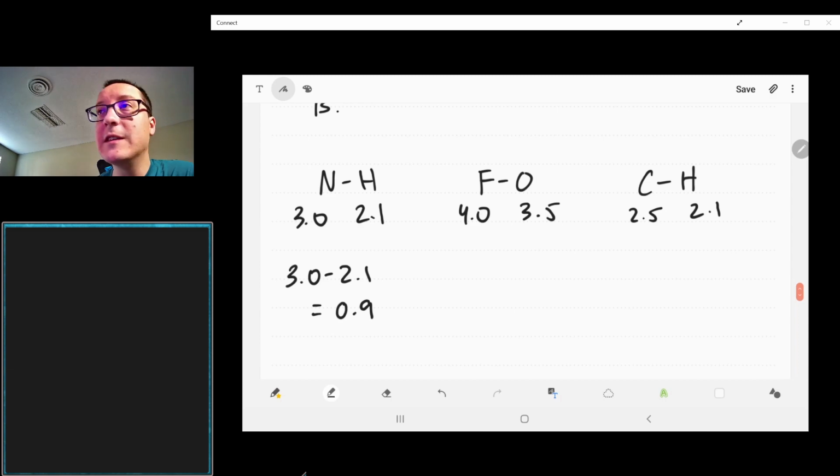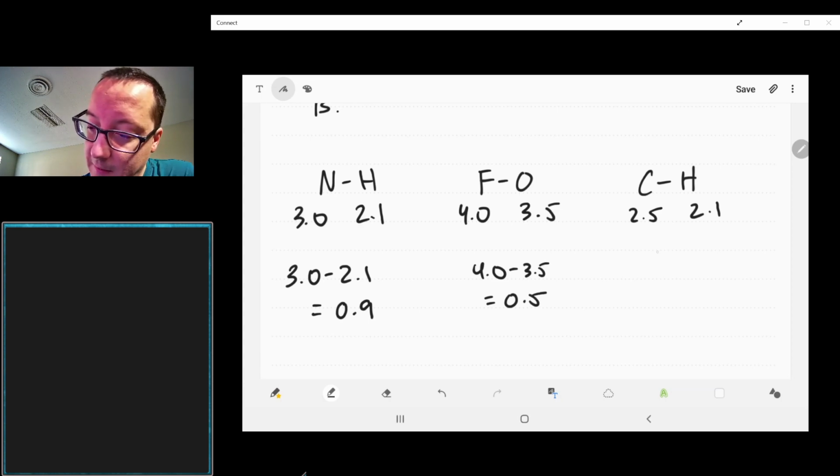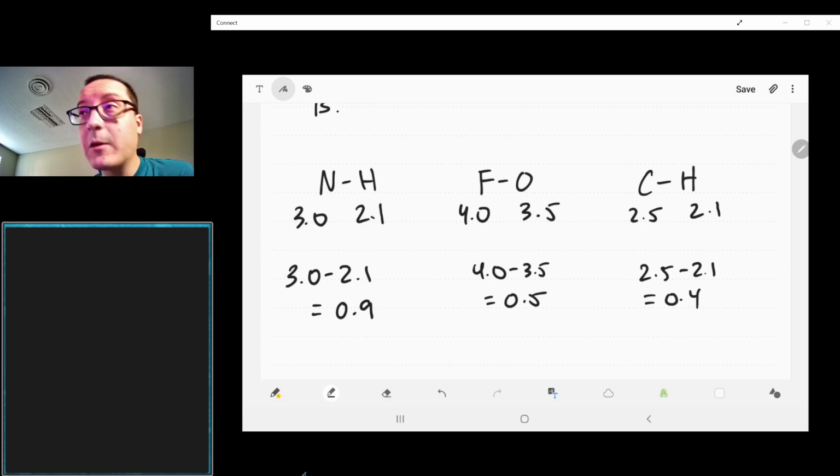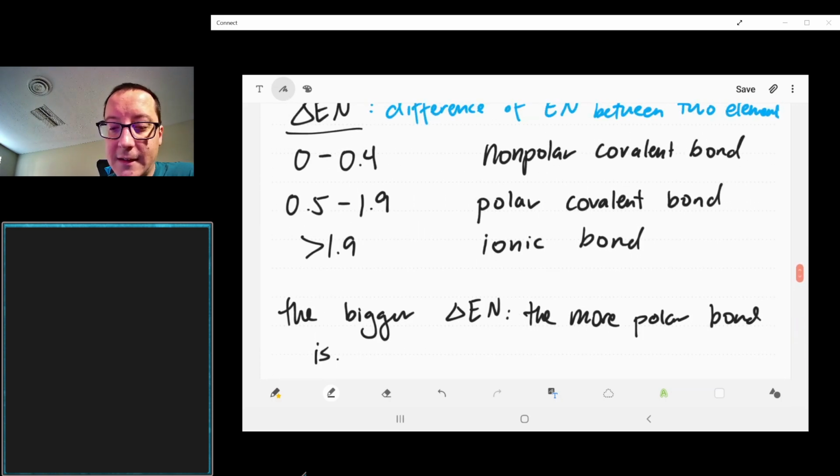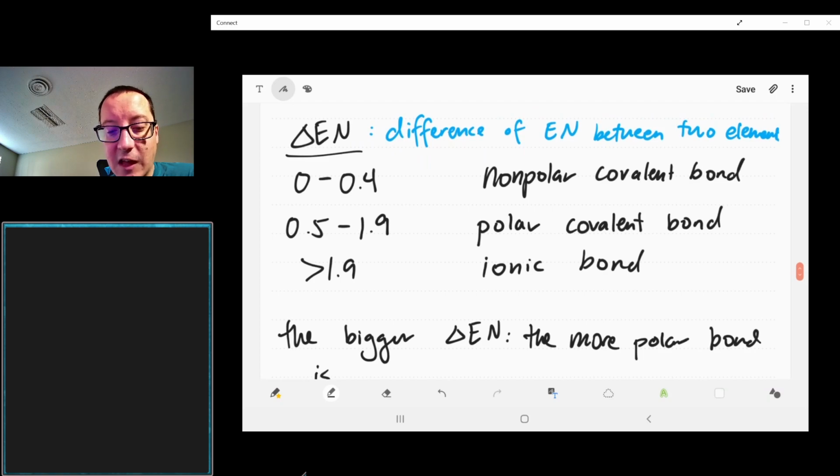So if we're going to do these, we can do the math, I hope. And then the last one. Okay. Ta-da, we've done some math. So let's look at our chart, or not really a chart, but yeah, it's a chart, and see where these are going to lie. So the first one we had was 0.9.